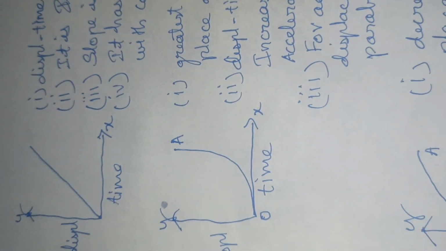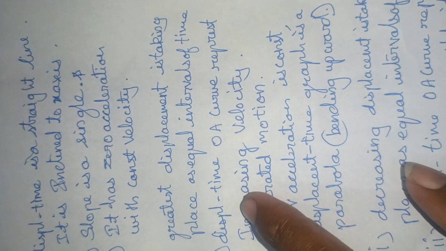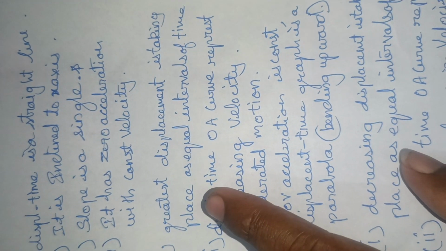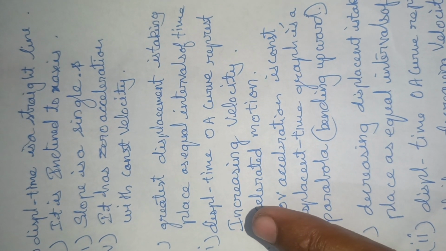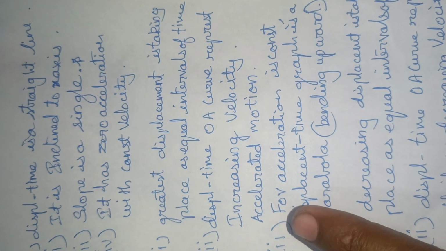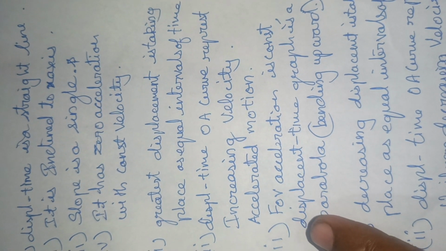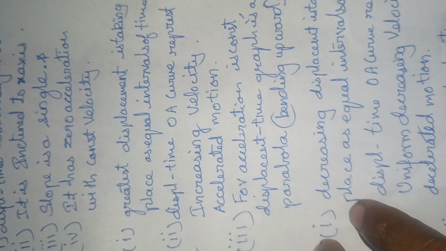Here the graph is a parabola. Point number 1, the greater displacement takes place in equal intervals of time. Second, the displacement time curve represents increasing velocity and accelerated motion. Point number 3, the acceleration is constant. The displacement time graph is a parabola bending upward.